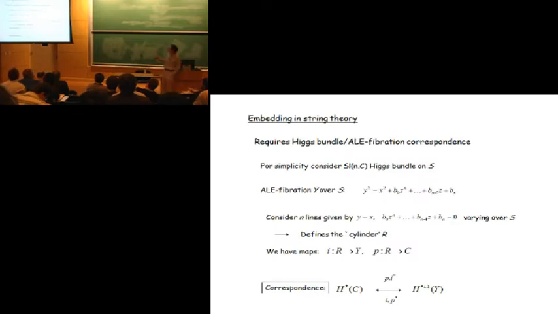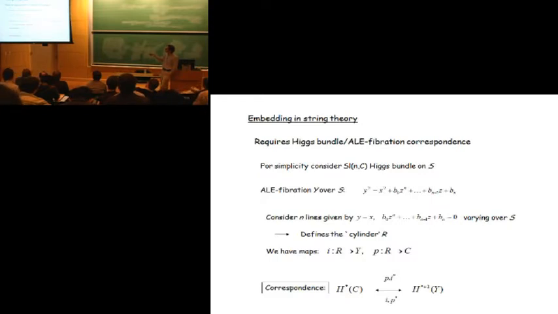This is not quite the version that I need, but I try to oversimplify things a little bit. I'm going to gloss over some things. Let's consider an SL(N,C) Higgs bundle on this complex surface S, and suppose that I want to construct an A_{N-1} type ALE fibration over S. This is an equation of an ALE space.